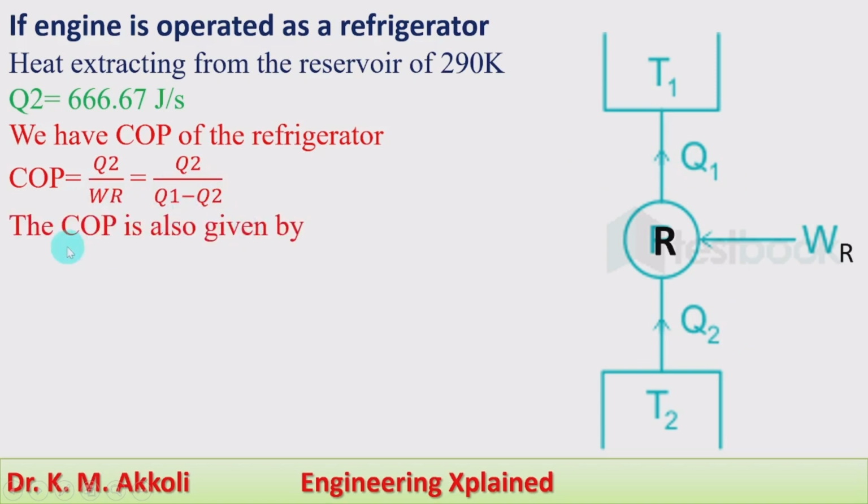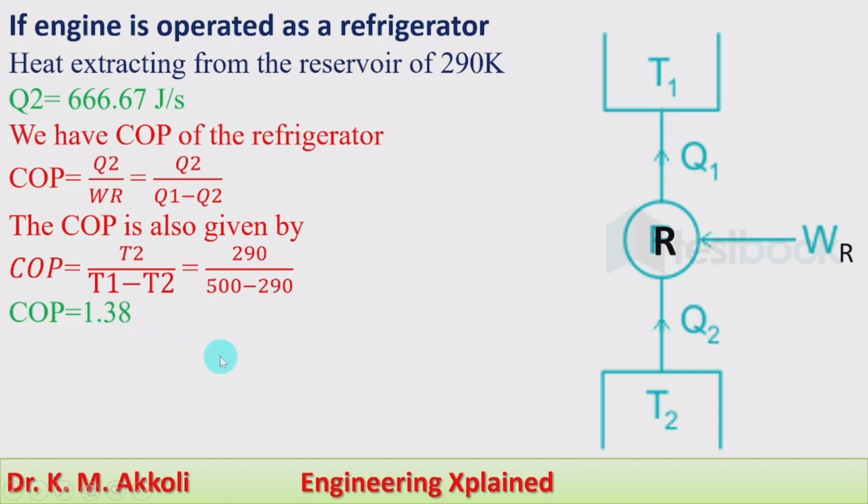The COP is also given in terms of the temperatures, that is T2 by T1 minus T2. All the temperatures we know, so we can substitute 290 by 500 minus 290. That is, the COP for the refrigerator we can have as 1.38.